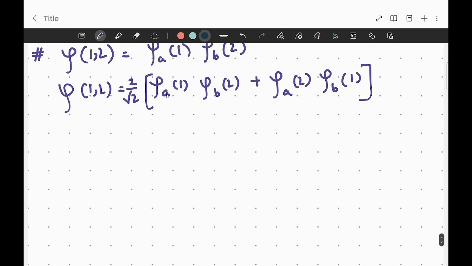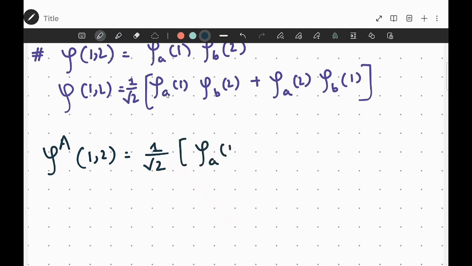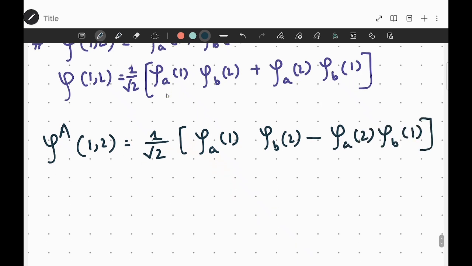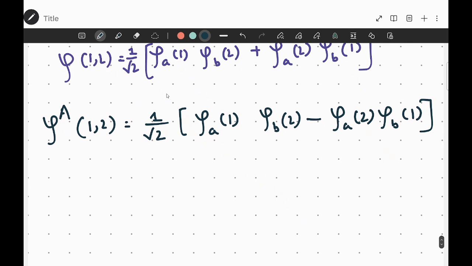So now for fermions, the antisymmetric wave function psi is 1 by root 2, psi a1. These are the particles and these are the position coordinates. So what can you write?